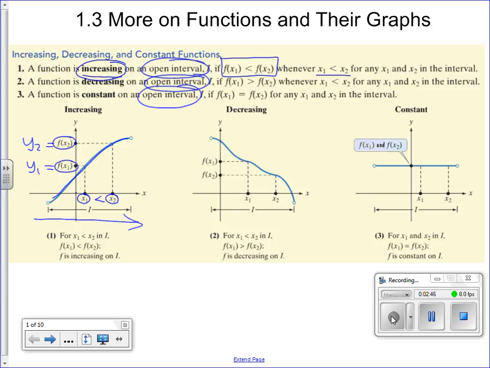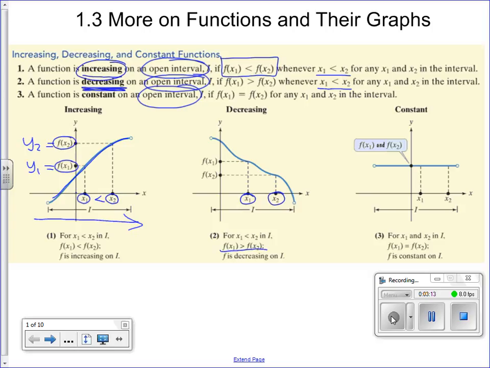Now let's look at the second one. And again, we have an open interval, in this case decreasing. Our x's are going to be placed in the same way. So we're saying that x sub 1 is less than x sub 2. So x sub 1 comes first, and then we have x sub 2. Well, now, to the contrary of the first example, in this case, we have that f of x sub 1 is greater.